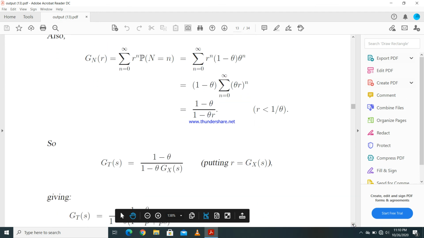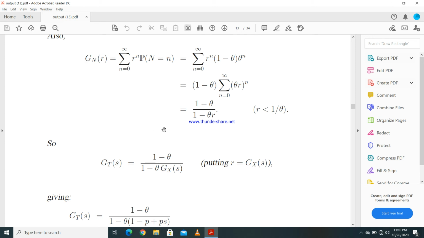Right? So in other words, if you take the probability generating function of t, that is the randomly stopped sum, we have proved that you have to take the probability generating function of n, and there the variable you have to replace by the probability generating function of x.